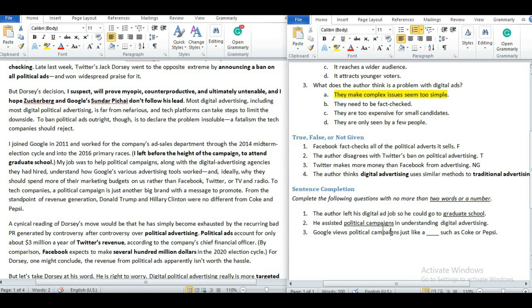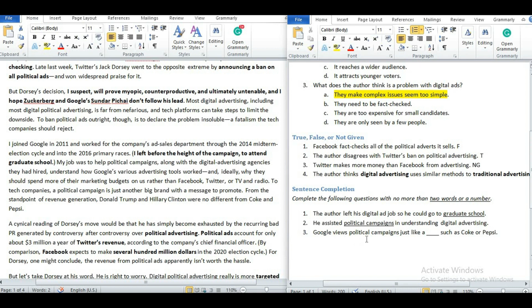So he assisted political campaigns in understanding digital advertising. So we can see there help, that means assisted. We can see digital advertising. And we can see the word understand there and understand advertising tools. So we can see the answer must be political campaigns.